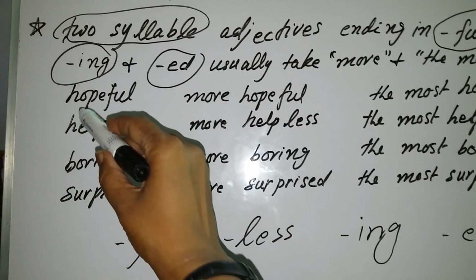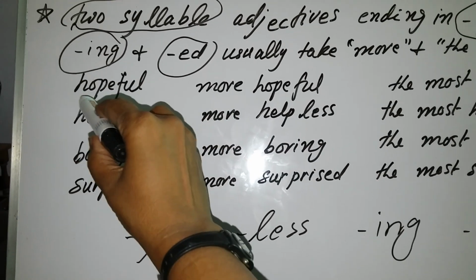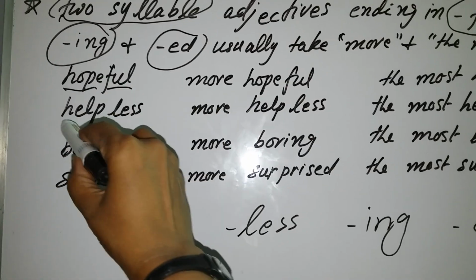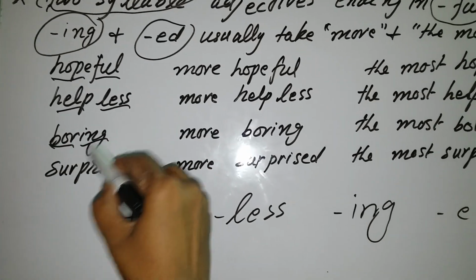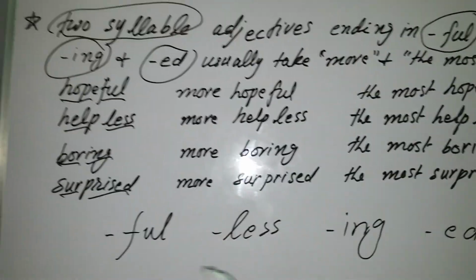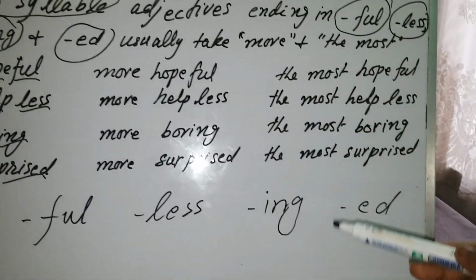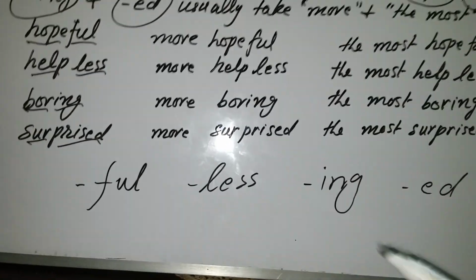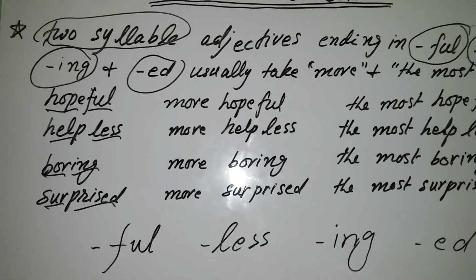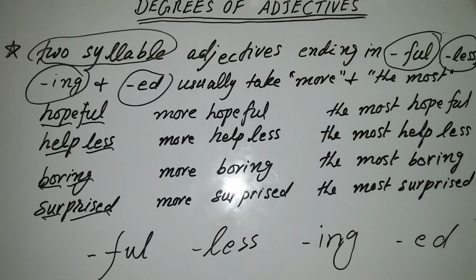These adjectives all have two syllables: hopeful, helpless, boring, surprised. So these are two syllable words, but they are ending with ful, less, ing and ed. So you will put more and the most before them for converting them into superlative and comparative degrees.